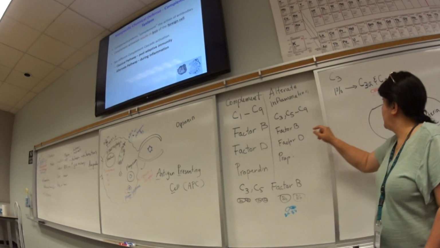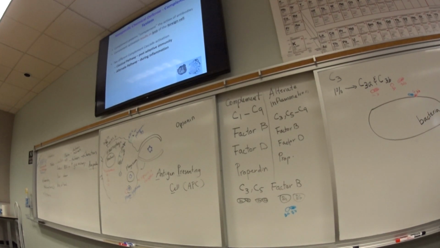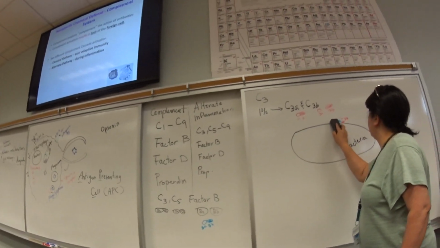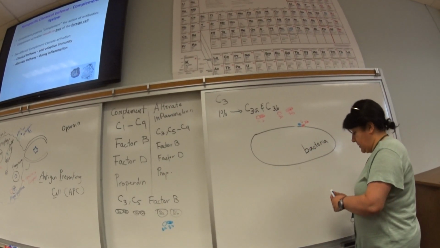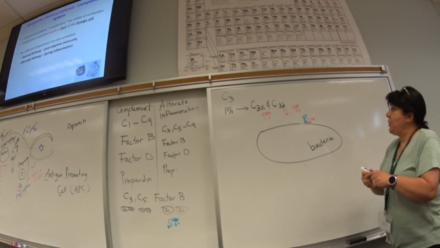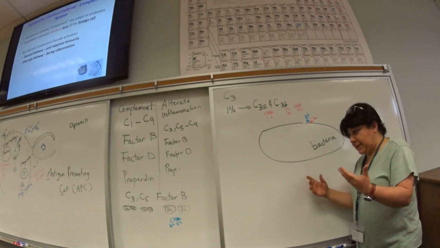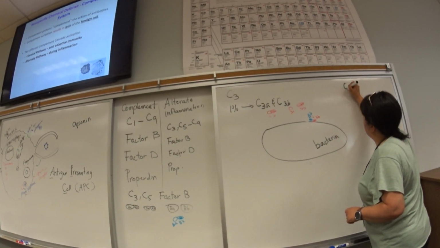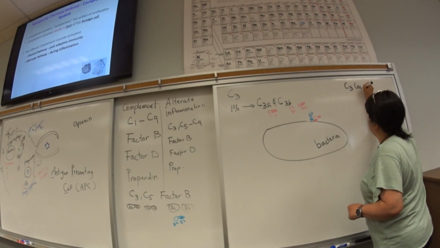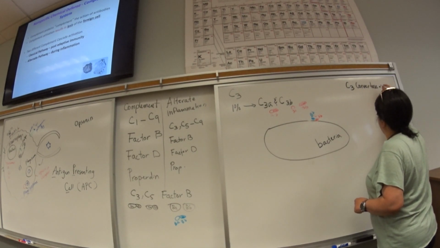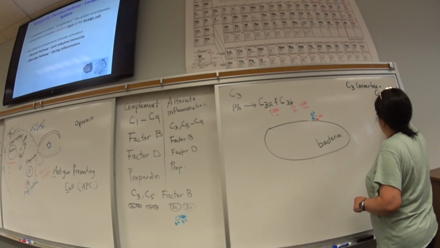Factor D comes and says you only need part B and removes the A. So you end up with a protein mixture on the surface that we call a C3 convertase, and it's made up of C3BBB.